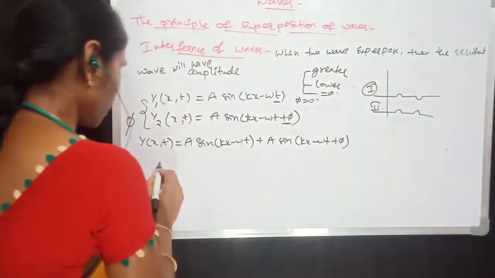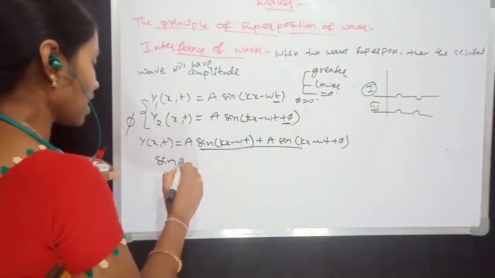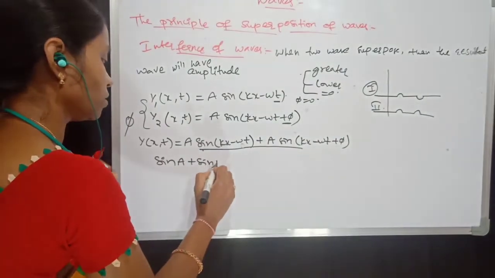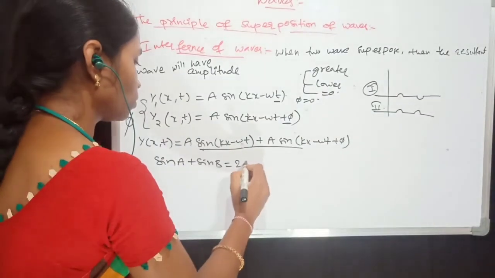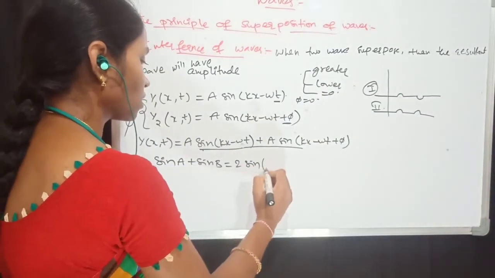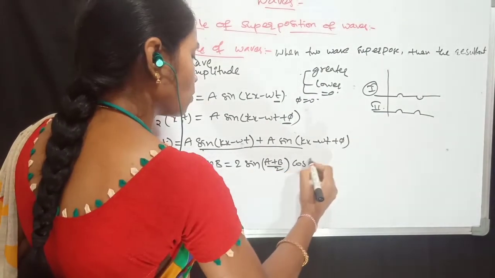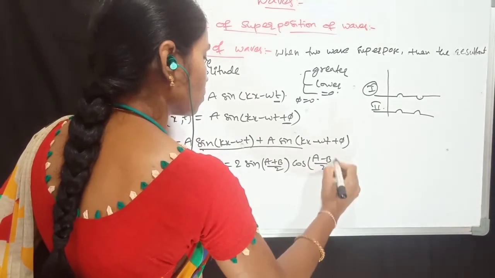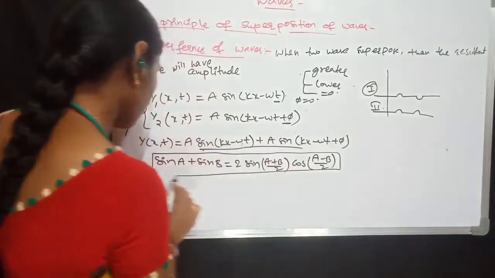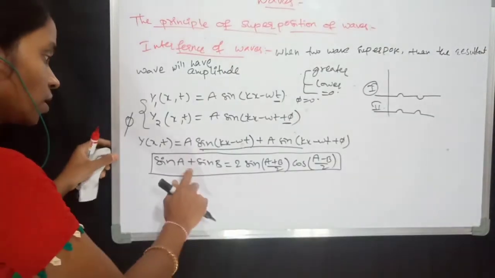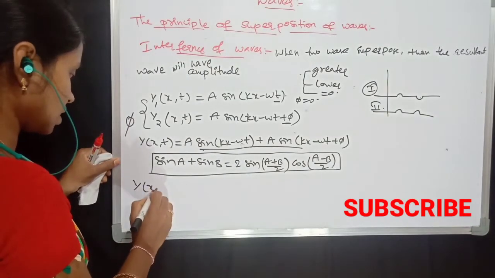And observe carefully, this equation is in the form of sin A plus sin B. Sin A plus sin B is equal to 2 sin of (A plus B) by 2 into cos of (A minus B) by 2, right? This is the equation from trigonometry. Now compare and rewrite this equation.